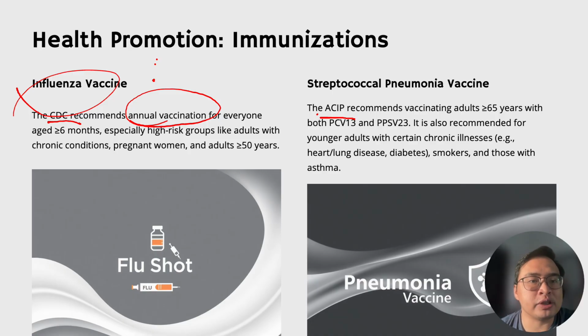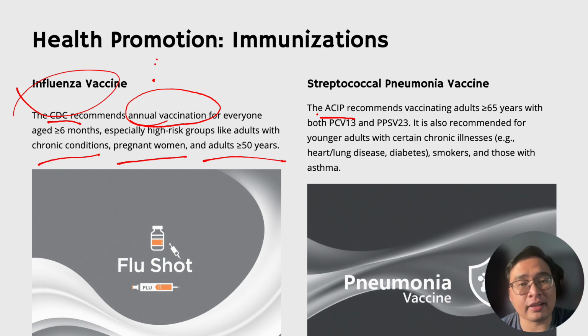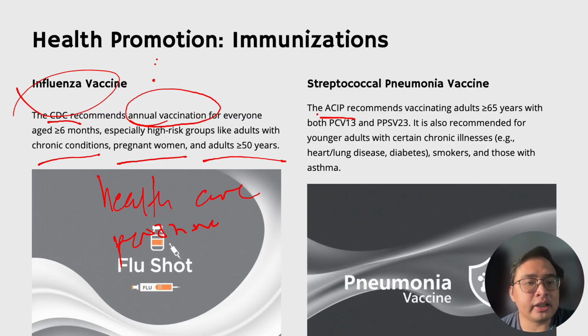Especially high-risk groups, for example, adults 50 years old or older, pregnant women, and adults with chronic conditions. And add to that, healthcare personnel. So, medical students like you should be getting the flu vaccine annually. Okay, aside from that, we have the pneumococcal vaccine, which protects against Streptococcus pneumoniae.